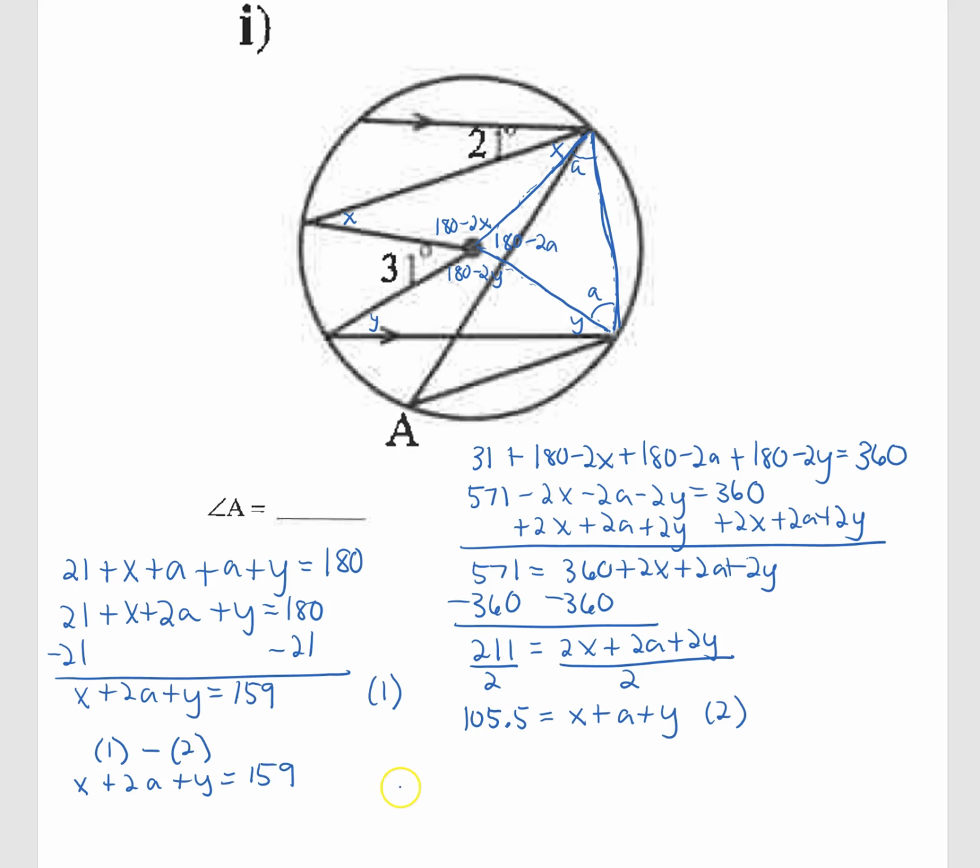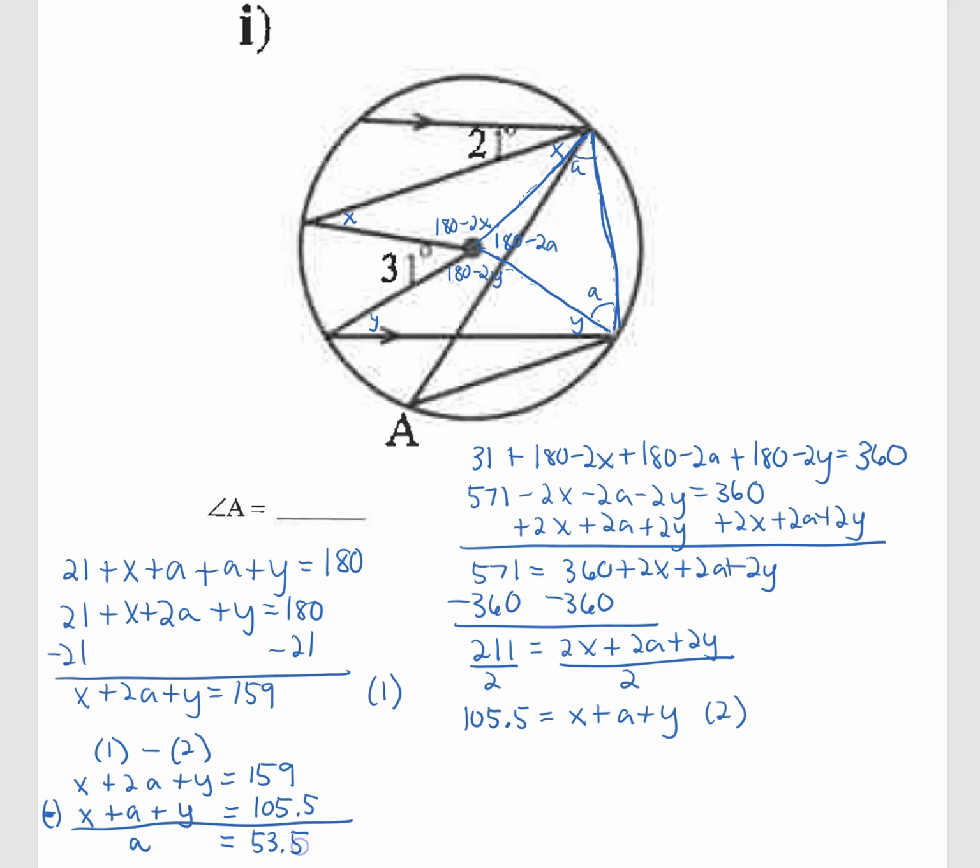Equation 2, I'm going to rearrange it, is x plus a plus y equals 105.5. And I'm subtracting these two equations. So x minus x, 0. 2a minus a is just a. Y minus y is nothing. And 159 minus 105.5 is 53.5.